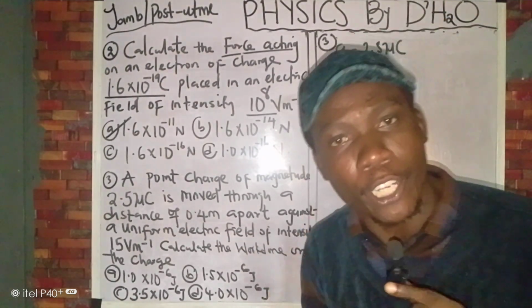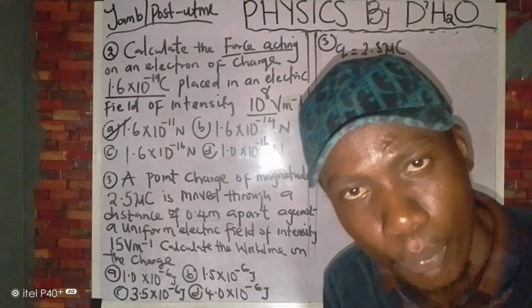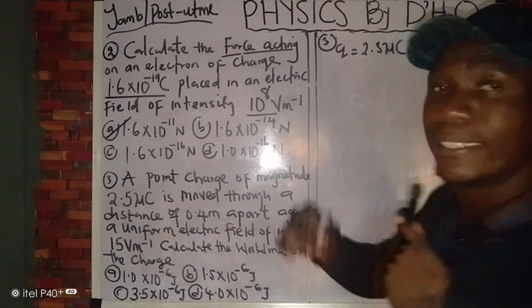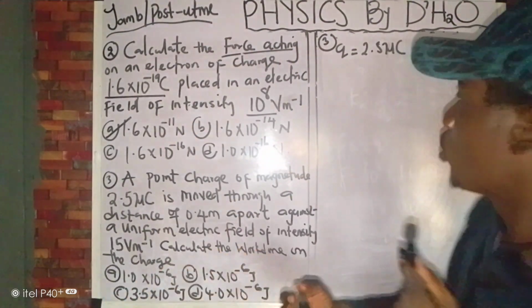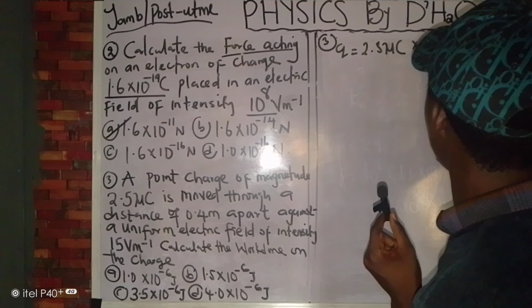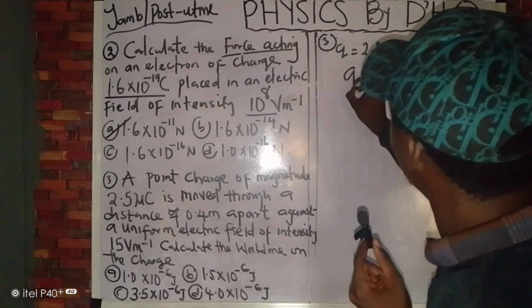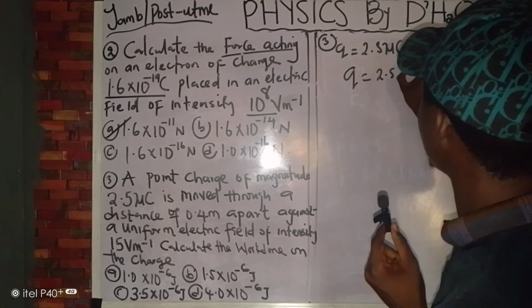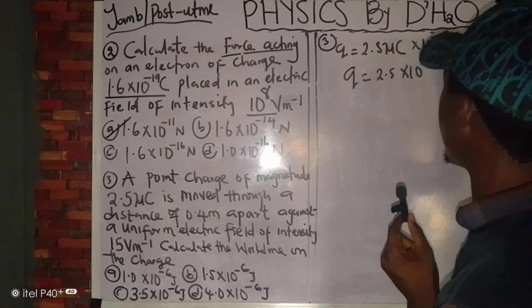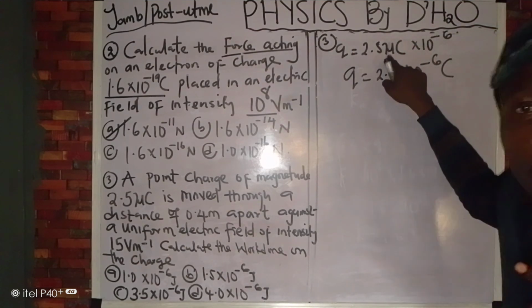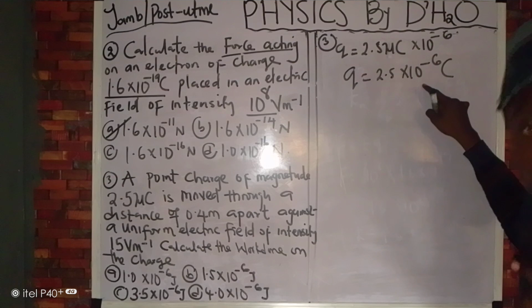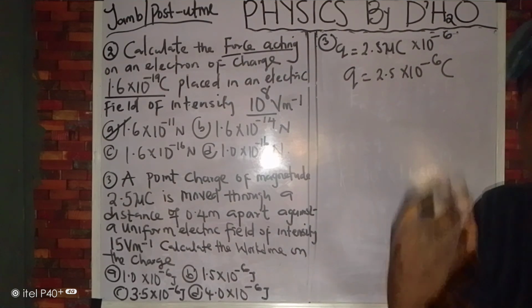If you are given a microcoulomb, you must convert to coulomb by multiplying with 10 raised to the power of minus 6. So if I times this with 10 raised to the power of minus 6, I will get Q equals 2.5 times 10 raised to the power minus 6 coulomb. So it's no longer a microcoulomb, it's now a coulomb because I have multiplied with 10 raised to the power minus 6.